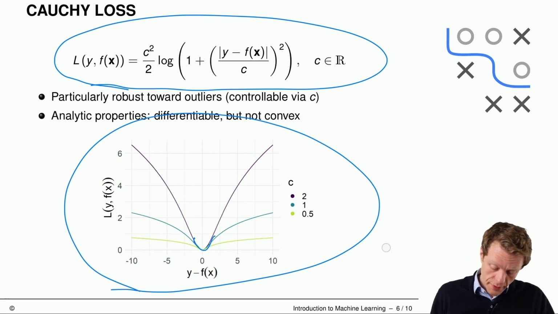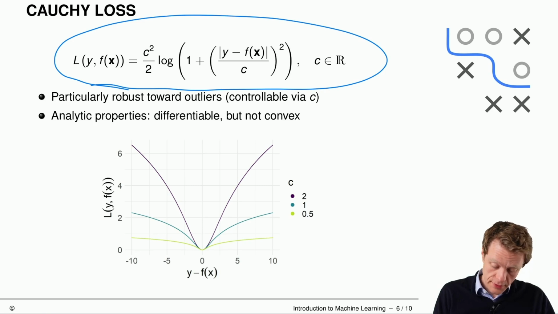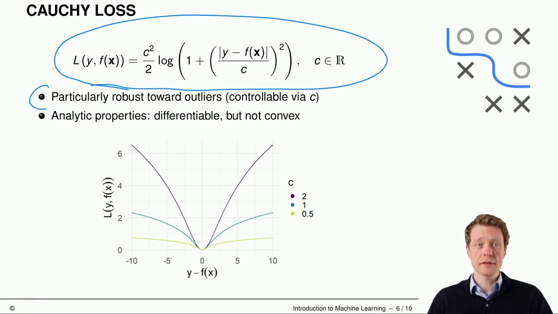So the good thing still is that it is relatively robust towards outliers, even more than Huber and Log-Cosh loss. It is differentiable, which is good for some numerical optimization techniques, but not convex. So the optimization gets a little bit harder there.